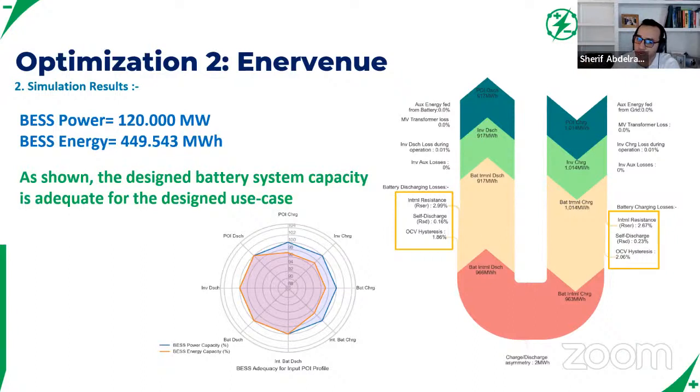Again, we were assuming a 92% round trip efficiency when we developed the POI profile. But since this is less efficient than that, you start to get data points where you don't fully meet the POI profile. But anything above really 90%, we're really good with. So we consider that we met the profile here.